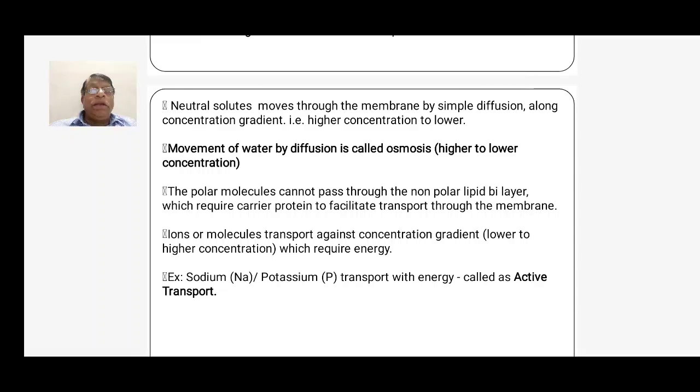Simple diffusion means the molecules move from higher concentration towards lower concentration, that is, down the concentration gradient.